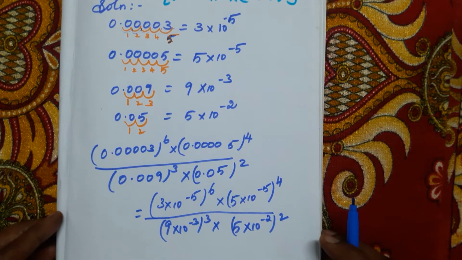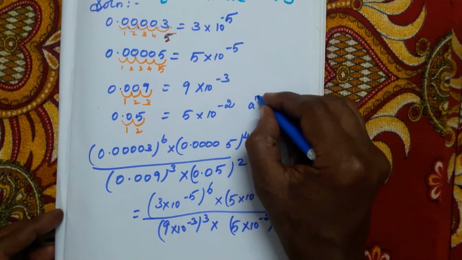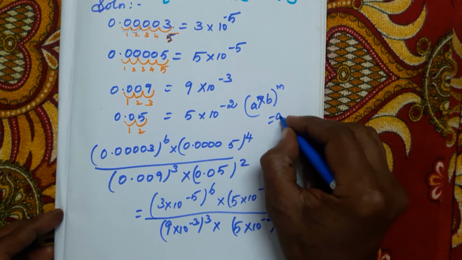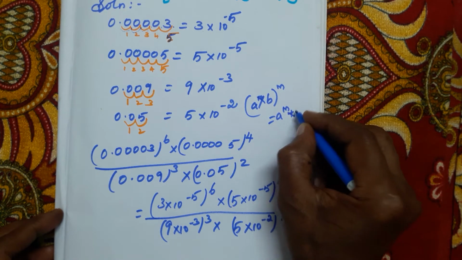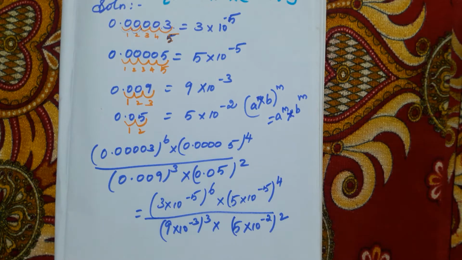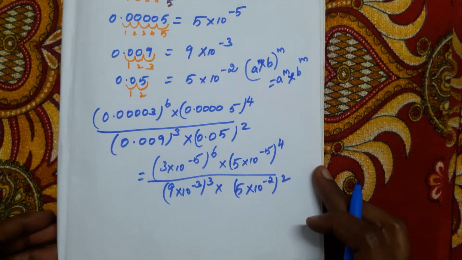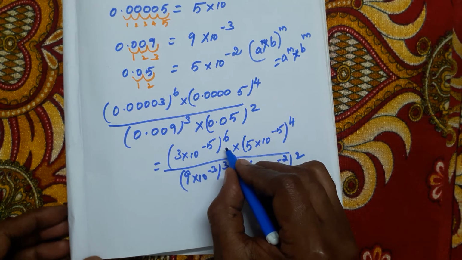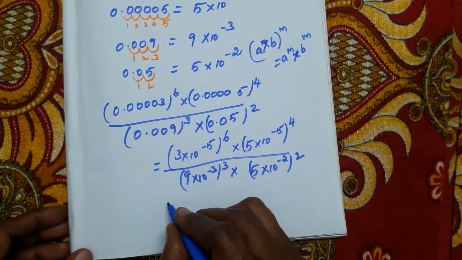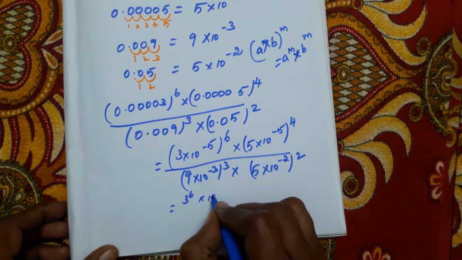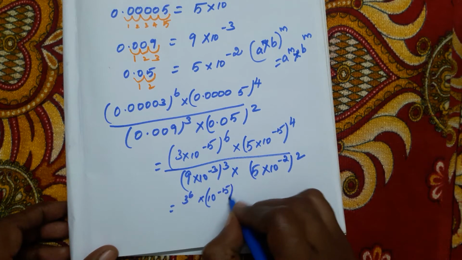Now again, a power m into a power n is a power m plus n. And (a into b) the whole power m is equal to a power m into b power m. So (3 into 10 power minus 5) the whole power 6 is equal to 3 power 6 into (10 power minus 5) the whole power 6.